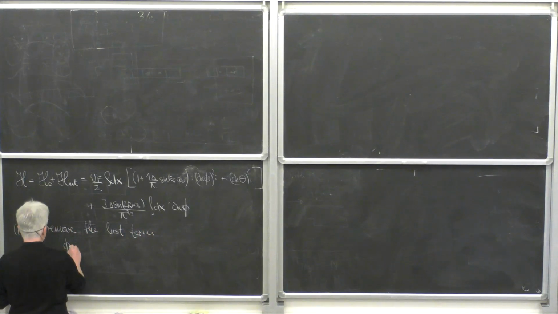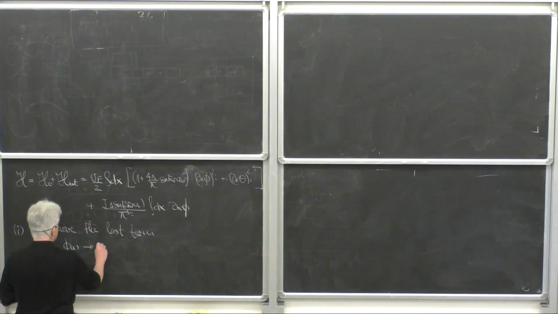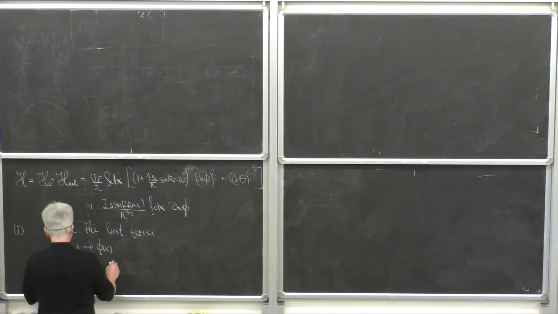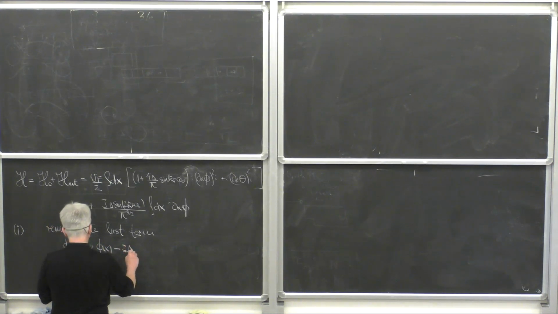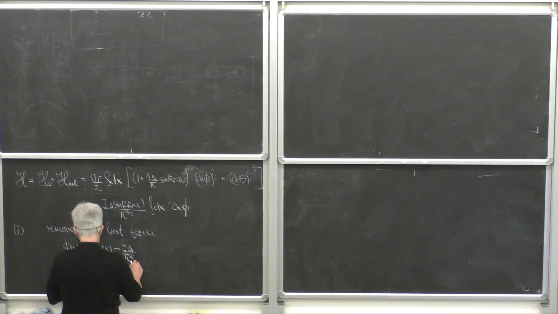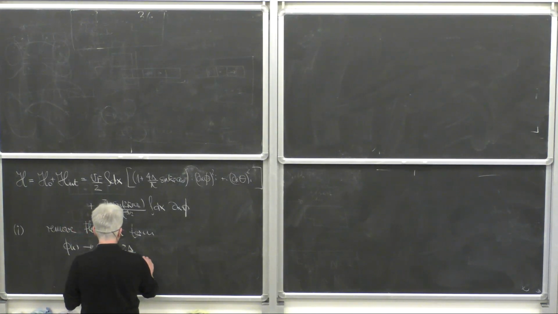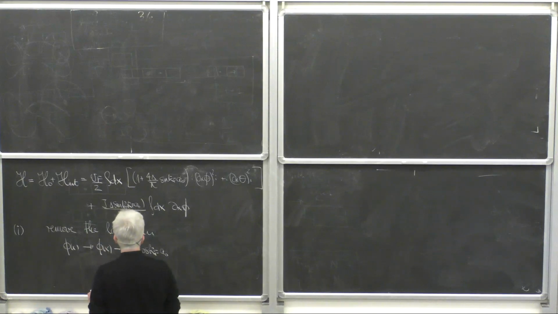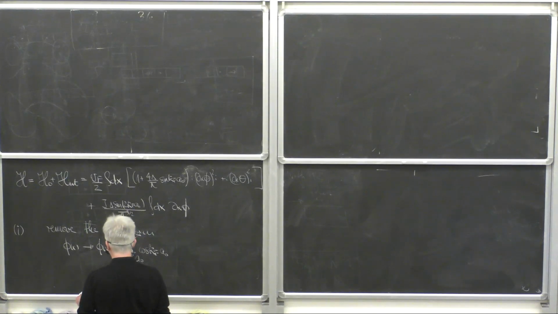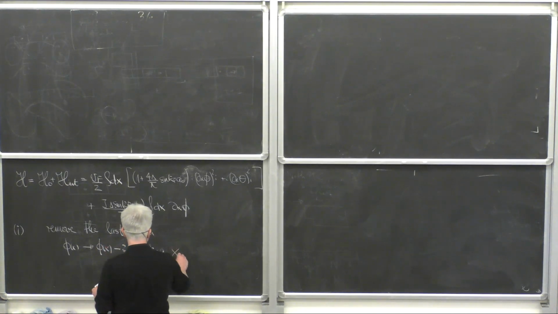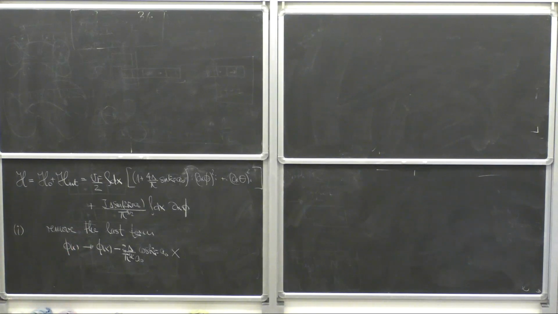So we take phi goes to phi minus 2 delta divided by pi to the 3/2 a naught cosine kf a naught x, and theta goes to theta.